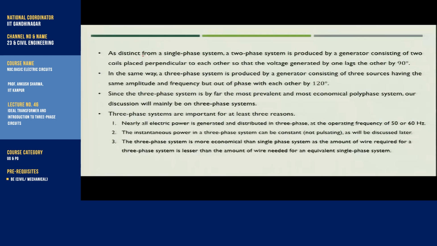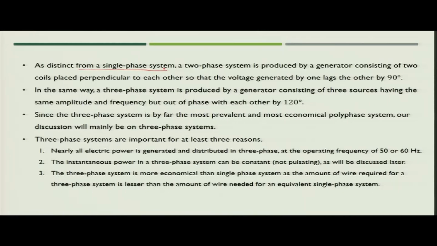As distinct from the single phase system, the two phase system which we saw on the left side of the previous slide is produced by a generator consisting of two coils placed perpendicular to each other. The coils arranged in the generator are 90° out of phase, so that the voltage generated by one coil lags the other by 90°.